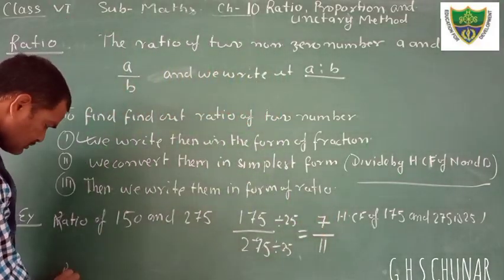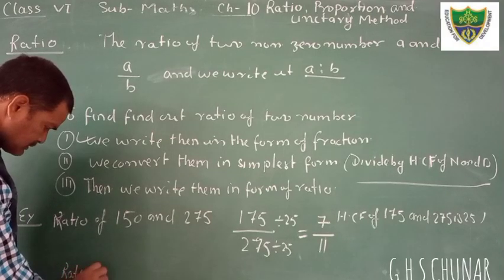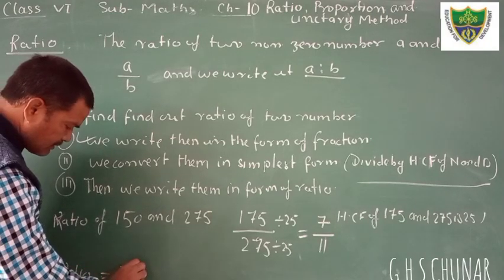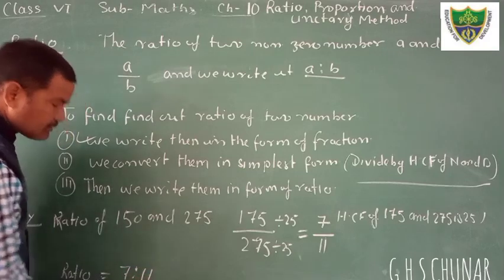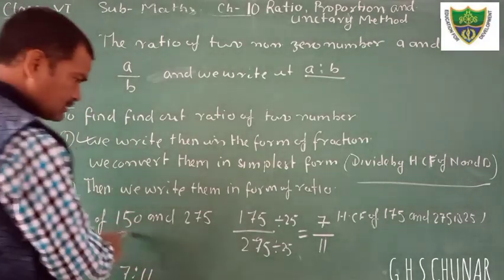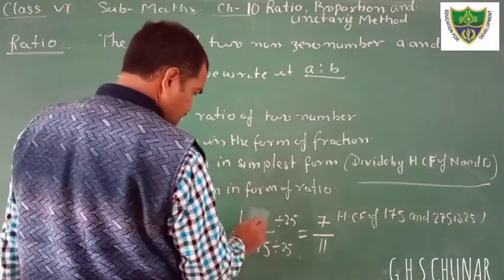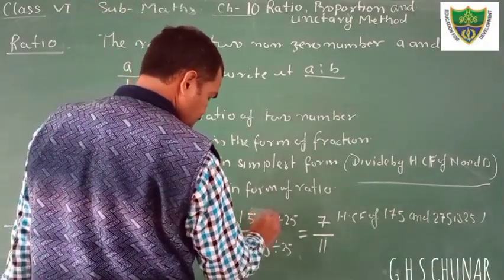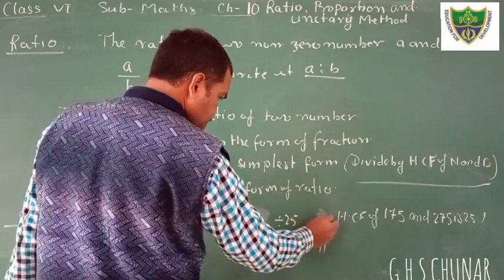Now the ratio is equal to 7 ratio 11. The ratio of 175, sorry, here it is written 150, not 175.